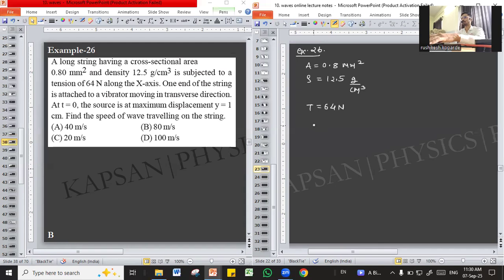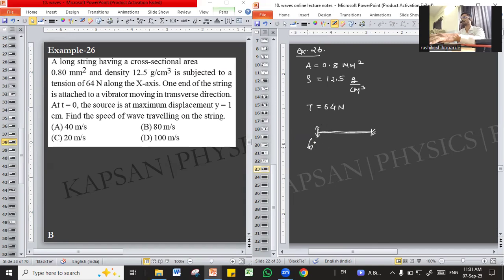One end of the string is attached to a vibrator moving in the transverse direction. So here we have a source which oscillates up and down, transverse, perpendicular. And let us fix the other end with some tension applied to the string.